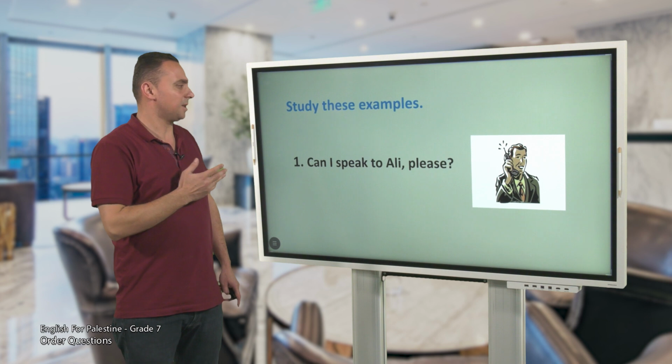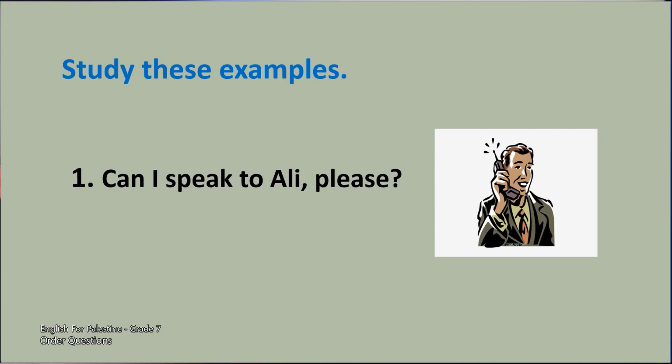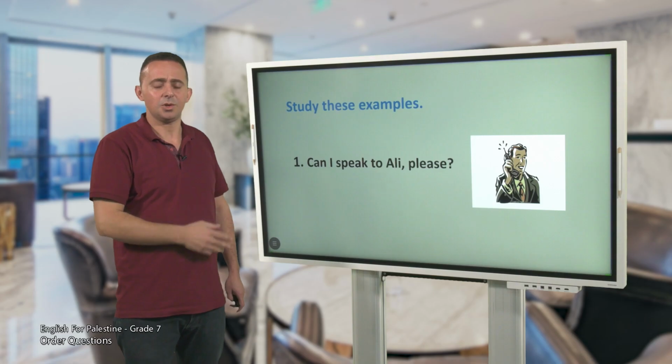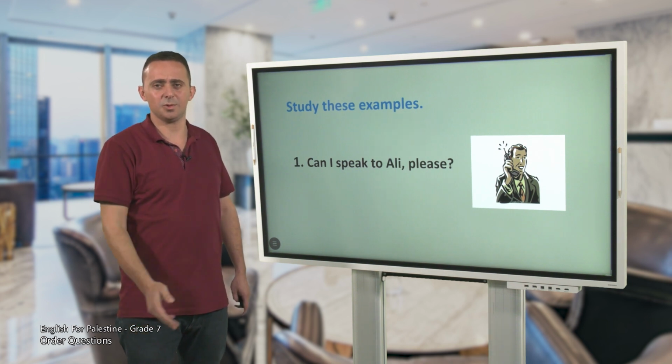Look at this example, dear students. We have a picture. The speaker asks, "Can I speak to Ali, please?" Notice, students, that this is a question. Do you think, is it a yes-no question or a WH question?